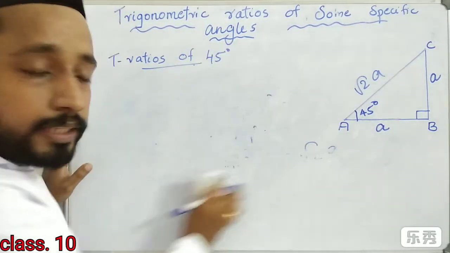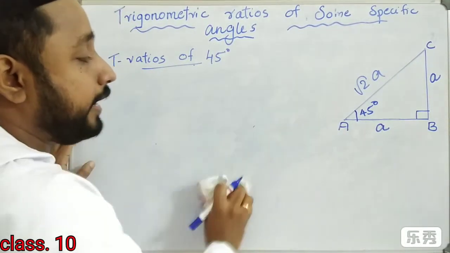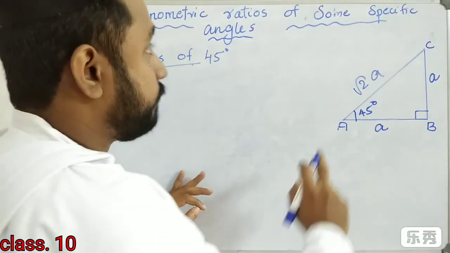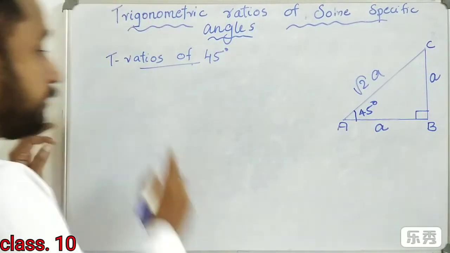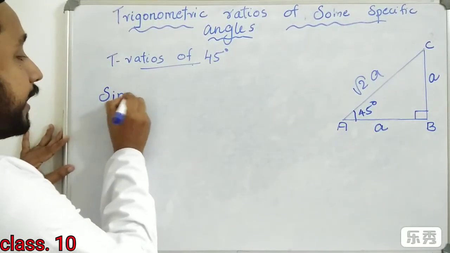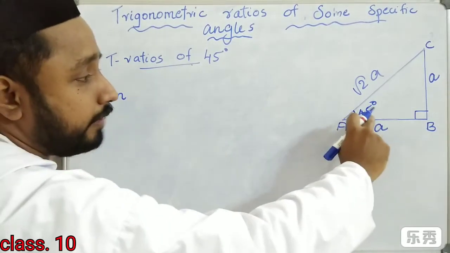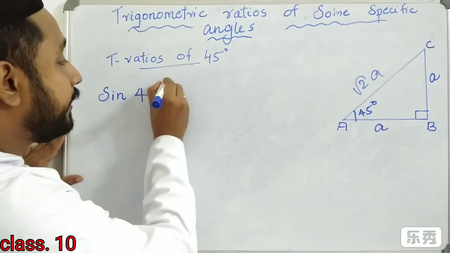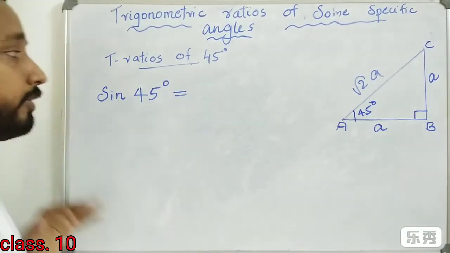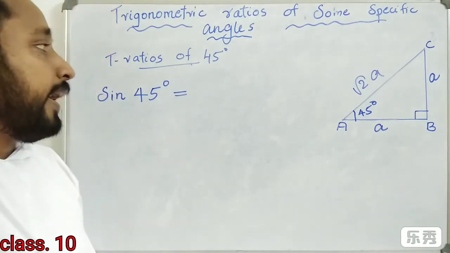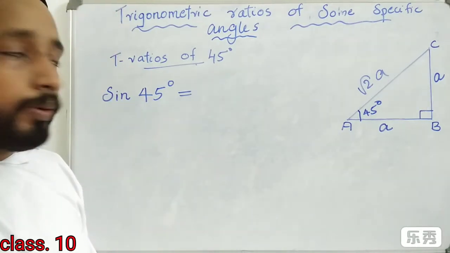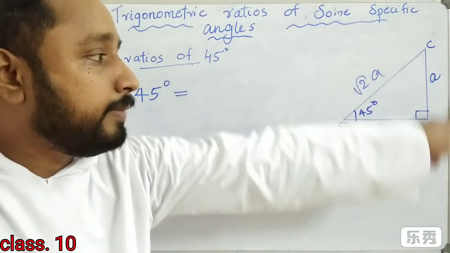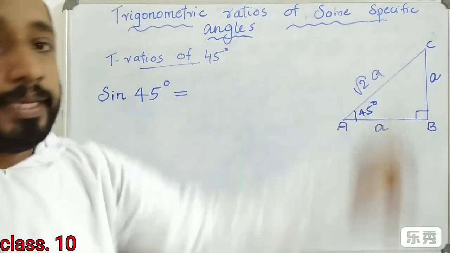Now we are going to find the trigonometric ratios of angle 45 degrees. First I am going to write sine 45 degrees. The formula is that sine of an angle is opposite side by hypotenuse. Here we are considering this angle, so the opposite side is BC and the hypotenuse is AC.